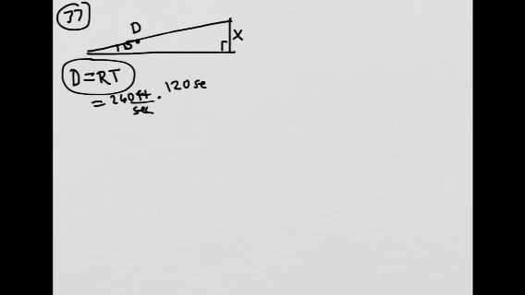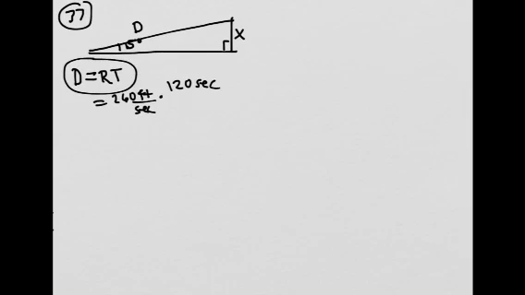By doing that, we can now cancel seconds and seconds, and we're left with feet. So you're going to take your calculator and multiply 260 by 120, and that's going to be the number of feet that it has traveled along this path. Okay, this path right here.